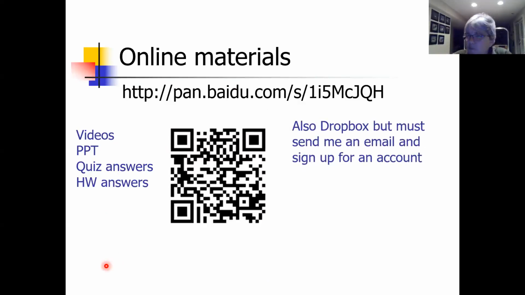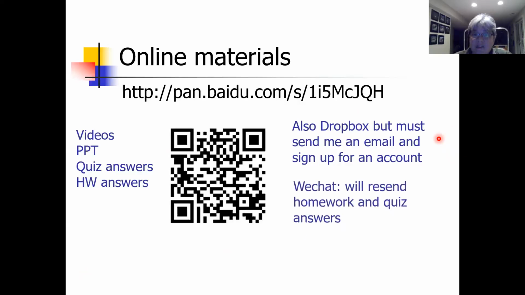If you are in China, you probably cannot access Dropbox. If you're outside of China and you want to access Dropbox, you need to send me an email, and then you'll have to create a Dropbox account. It's free, but you'll need to do that if you want to use Dropbox. Right now, there's only 2 people that are using that.